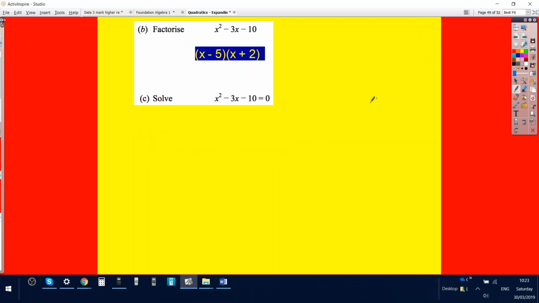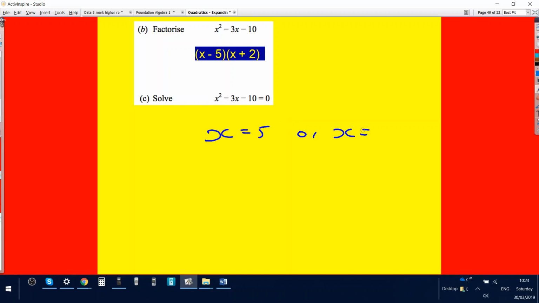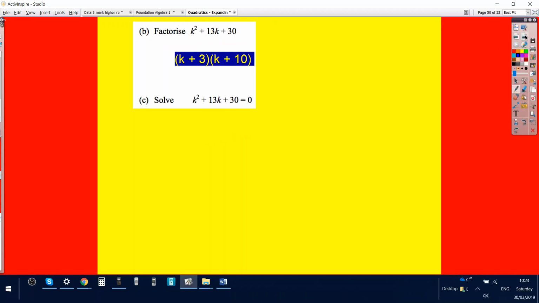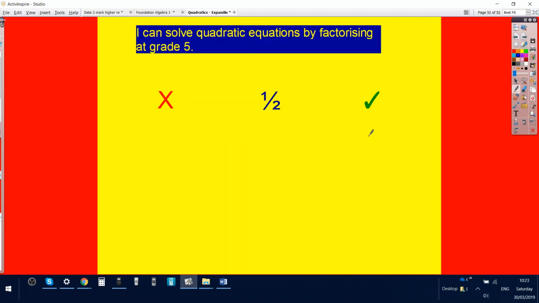How about this one? X equals positive 5 and x equals negative 2. Yes. Equals 2. So that's it.